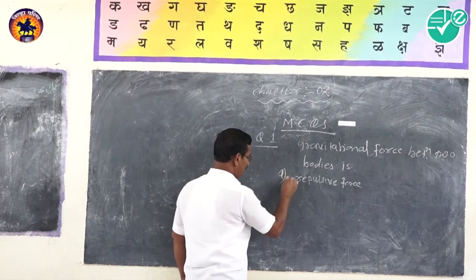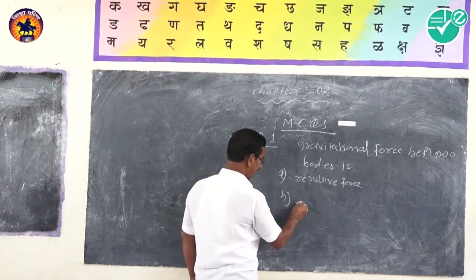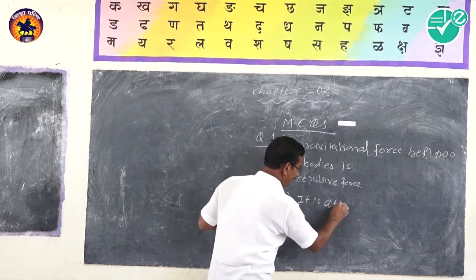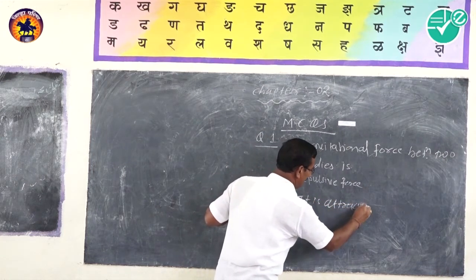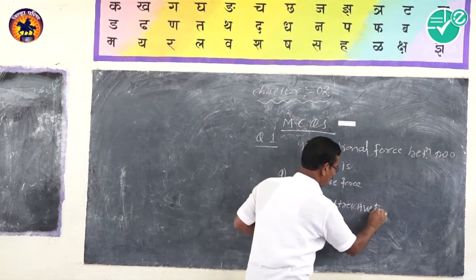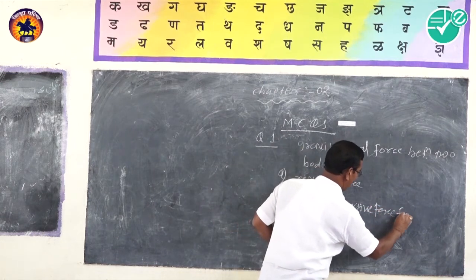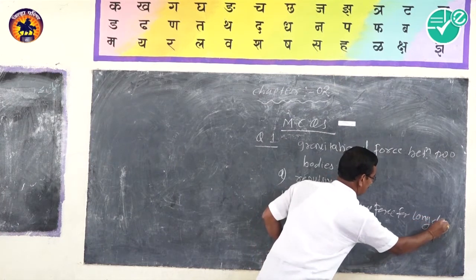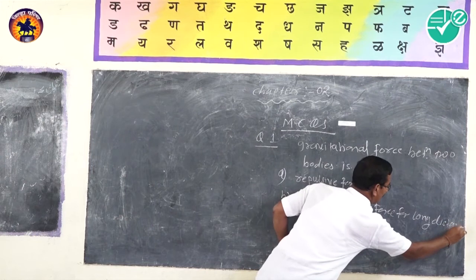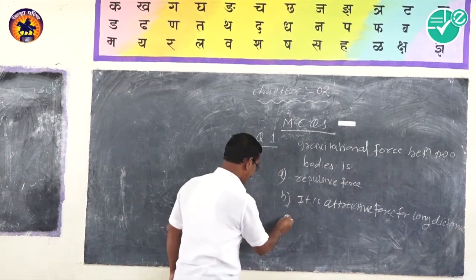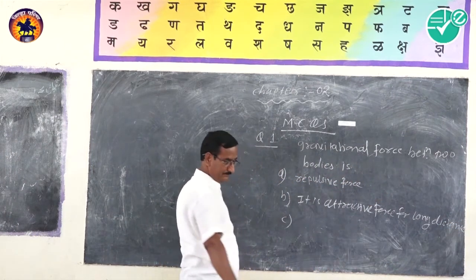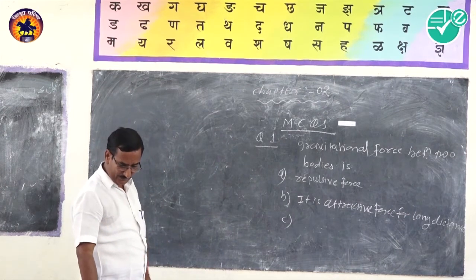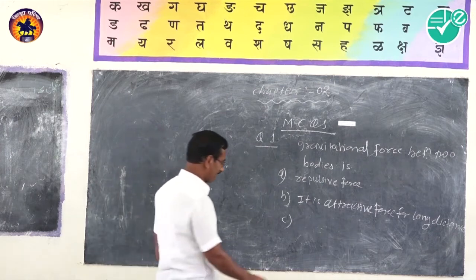Second option is, it is an attractive force for long distance. And the third option is that it is repulsive at small distance.